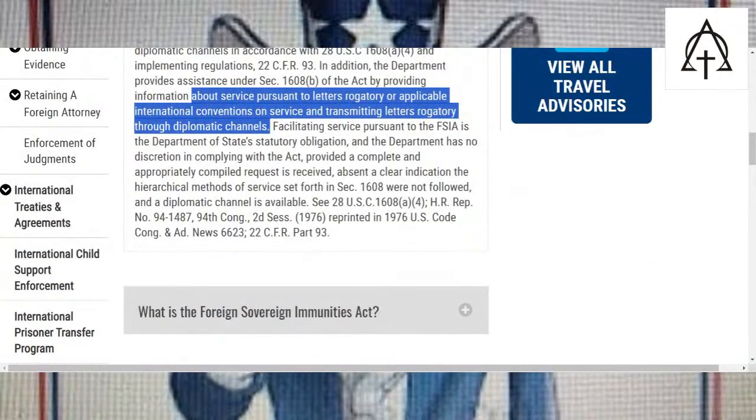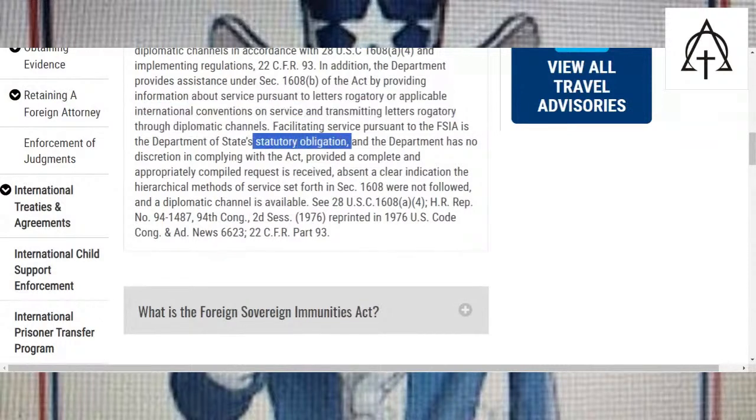Facilitating service pursuant to the FSIA is the Department of State's statutory obligation. I don't care about the territorial jurisdiction. I don't care about the subject matter jurisdiction. I don't care about the personal jurisdiction.